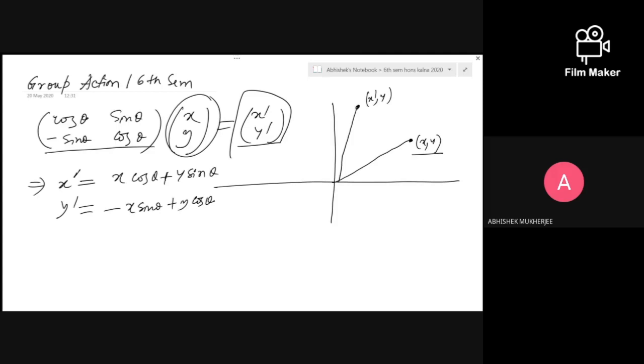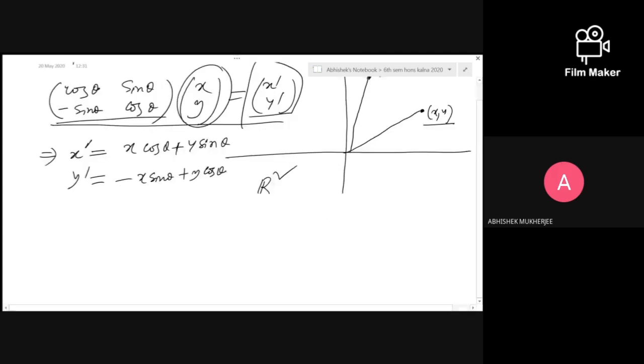Now we see that in that example the set is the plane R2 and the group was the set of all those 2 cross 2 orthogonal matrices over the field of reals. So that is the group.